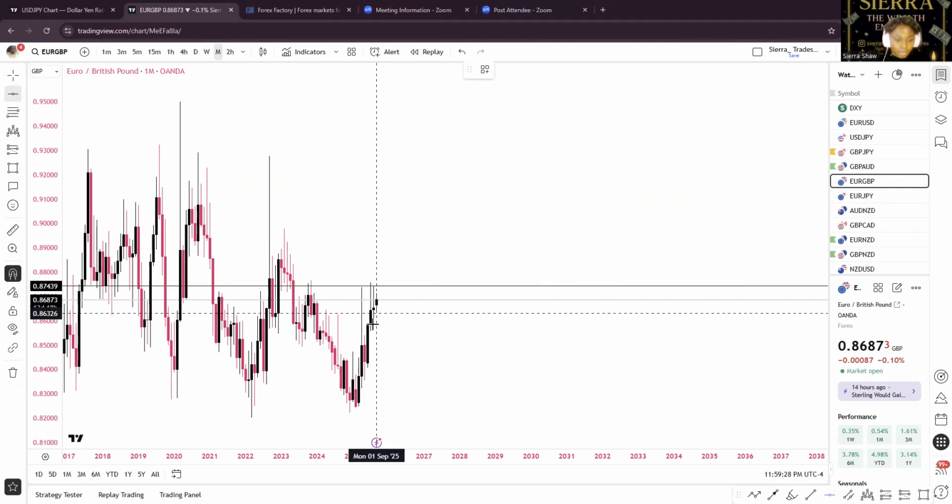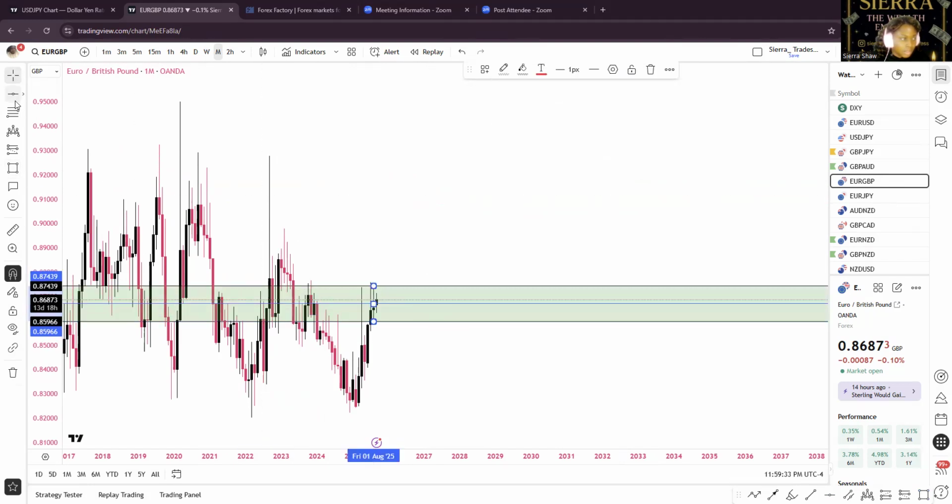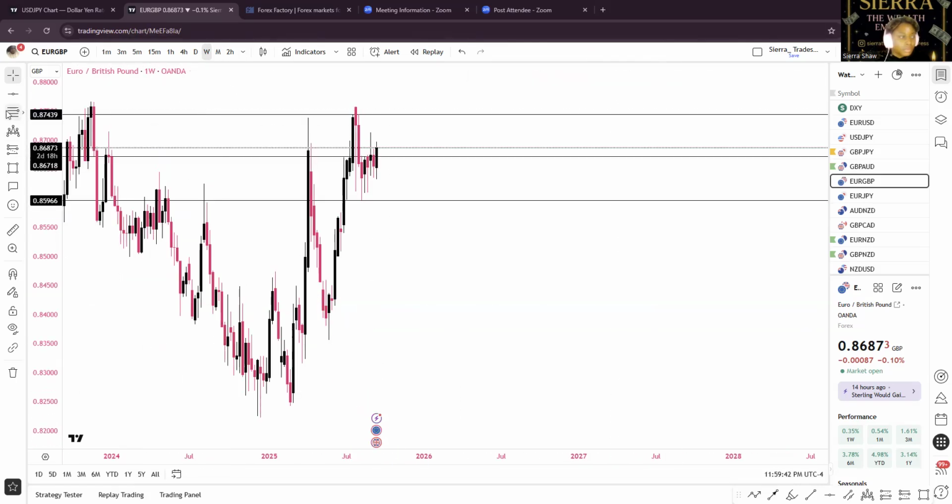I saw that nice impulsive move. Let's see if we are going to get some correction tomorrow and then continuation on Thursday. So we've run last week's low and last week's high.